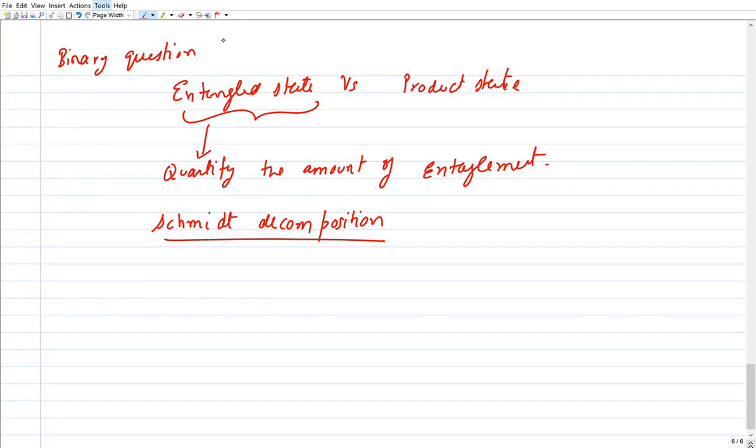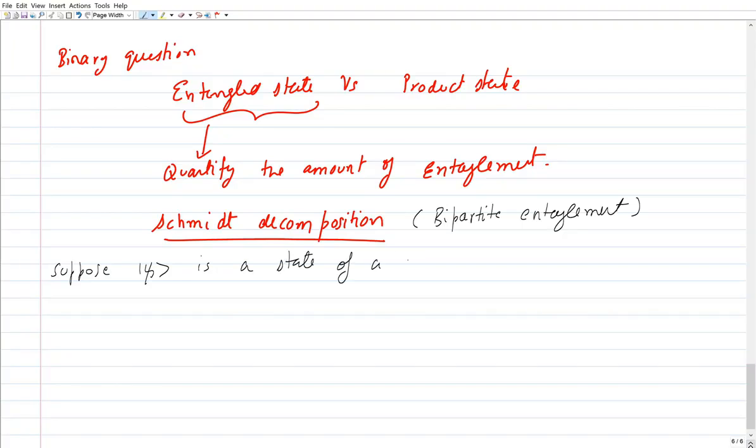So I'll first state this theorem. Right now our focus is going to be bipartite entanglement, or in other words, entanglement of 2 parties. So suppose a state psi is a state of a composite system AB.